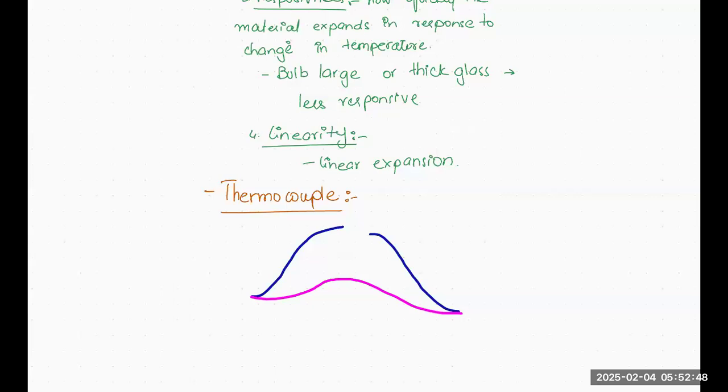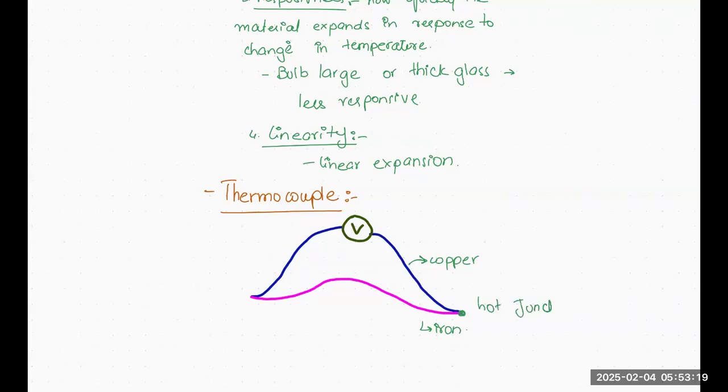Then what you do is that this is copper, this is iron. So what happens is that this one junction acts as the hot junction. The other junction acts as the cold junction.